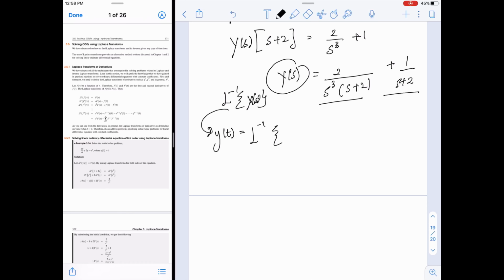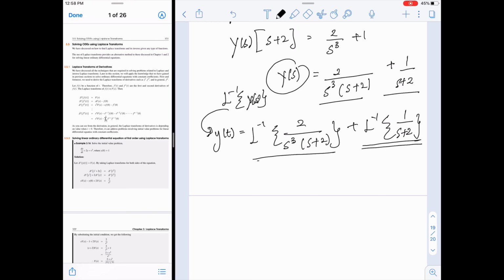So you will need to inverse 2 over s cubed times s plus 2, and then inverse 1 over s plus 2. Basically this one you may get directly from the table.